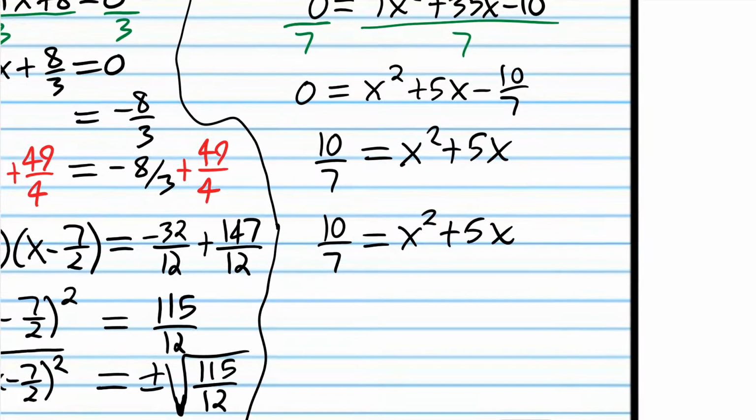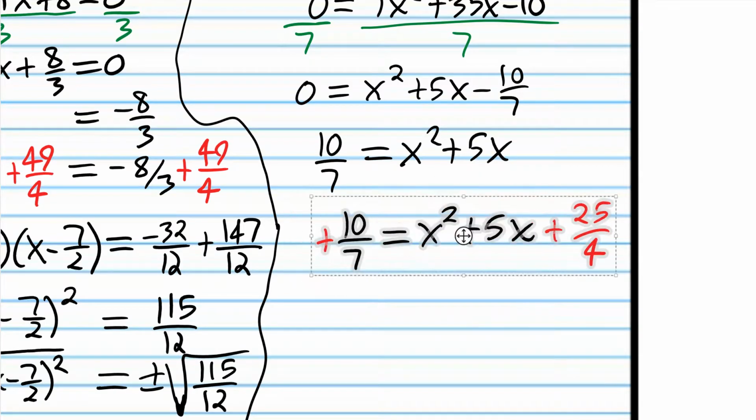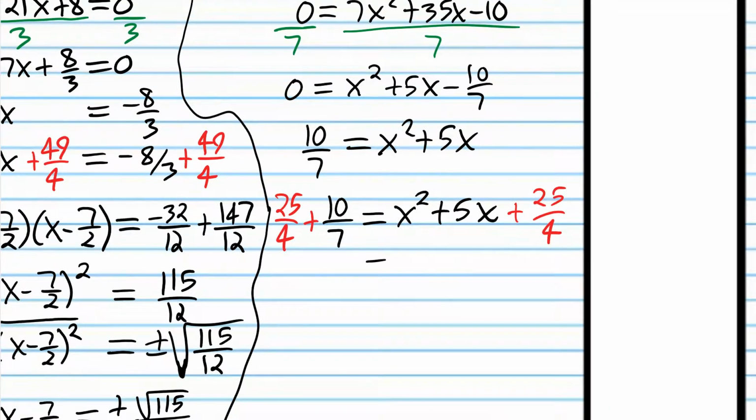And 5 divided by 2, and then square it, you get 25/4. I'm going to move that over. So we completed the square over here, and we have x plus 5/2 times x plus 5/2.